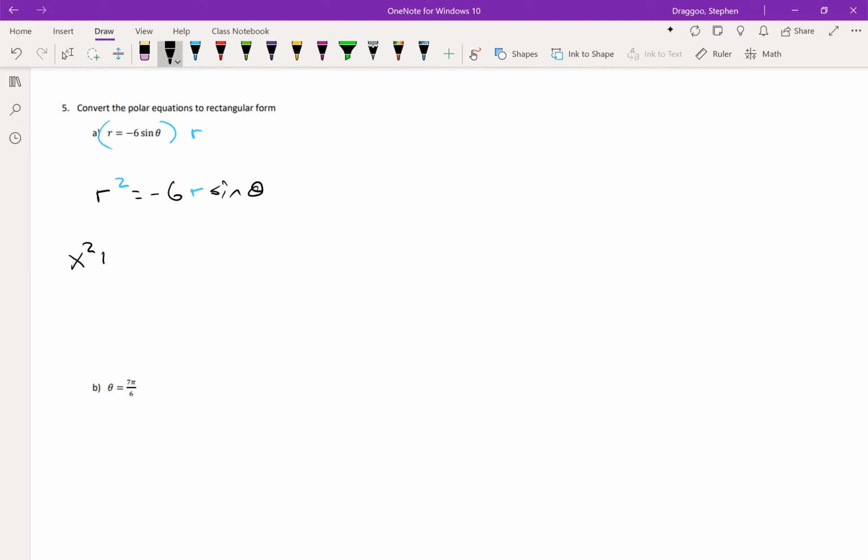So r squared is just x squared plus y squared. That part's not too bad. And on the right, I have this r sine theta, which I know should be just y. So x squared plus y squared equals negative 6y.